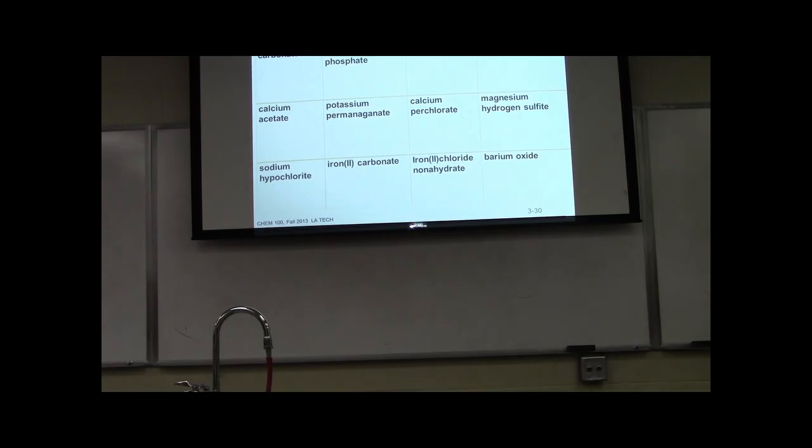Silver, what is the charge here? 1, right? Now carbonate is this. What is the charge on this? -2. Now the charge is not balanced. So what you have to do is cross it, and you get silver carbonate.